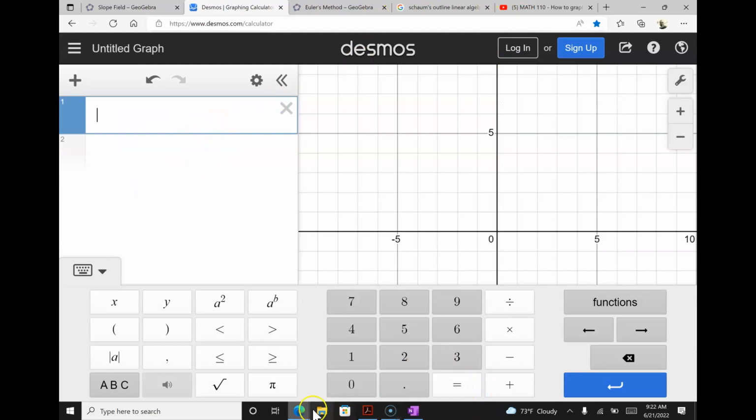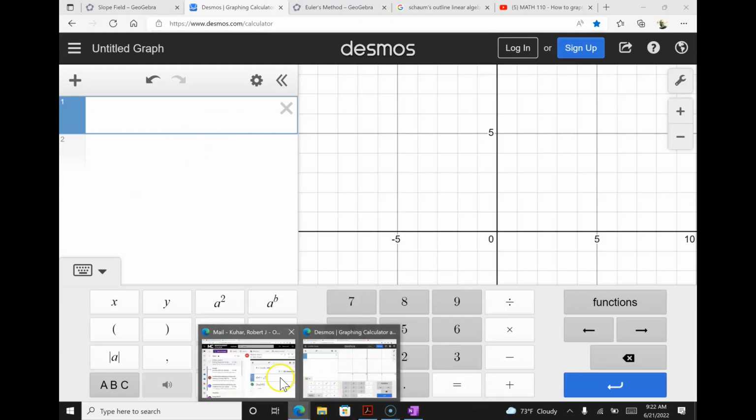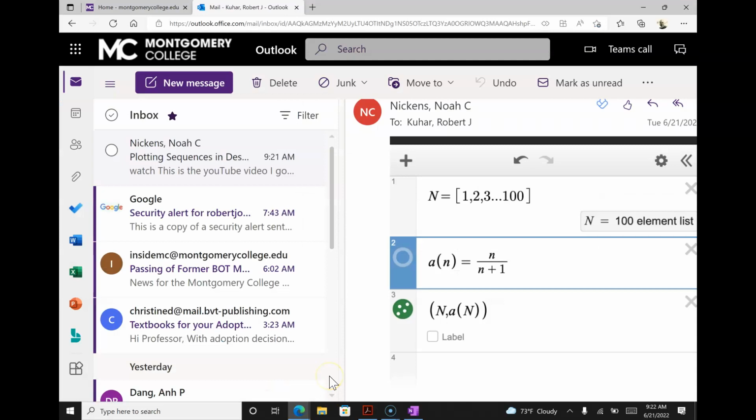So showing what Noah just sent me, I'm going to write, and we should all do this, right? Write out the natural numbers listed, come up with the a sub n notation of the nth term, and then the key is going to be that last one.